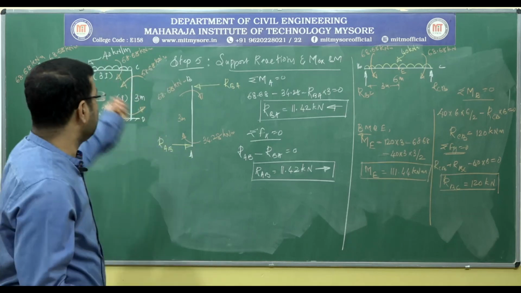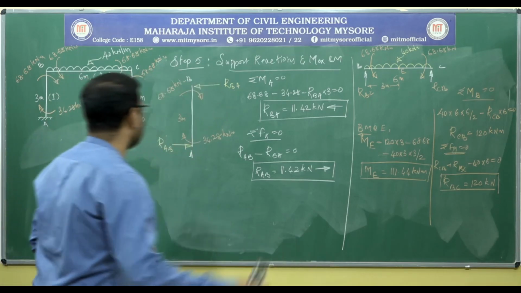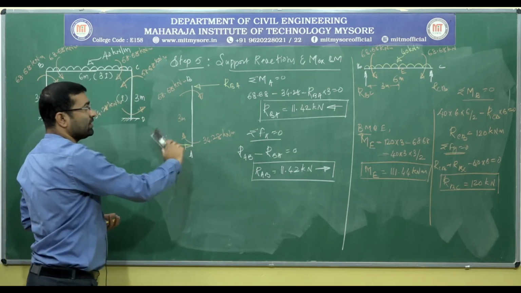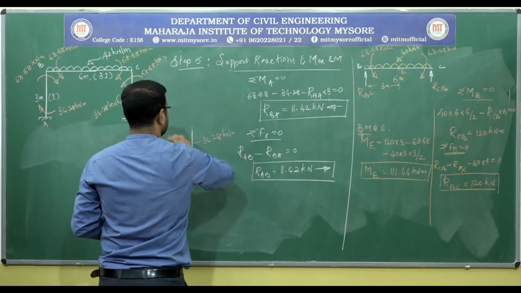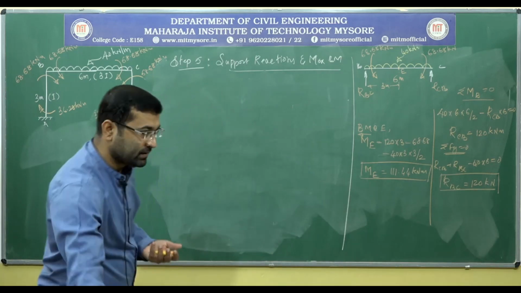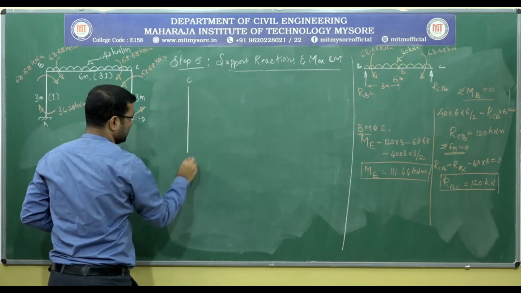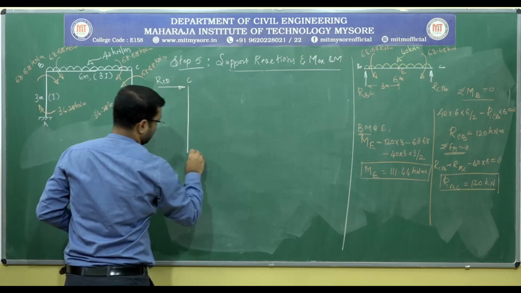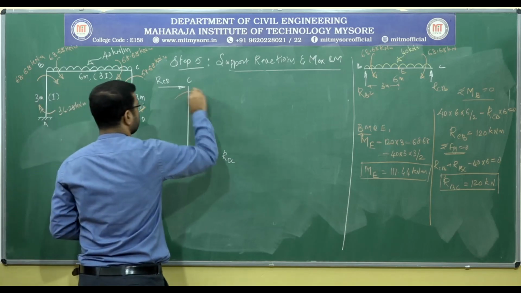Now similarly for the span CD, that is the vertical member CD, if you calculate the end moments, they will be exactly the same but opposite in direction. If I consider the vertical member CD, let us say this is C, this is D. For member CD, I will assume this as RCD and this as RDC. We have two end moments.